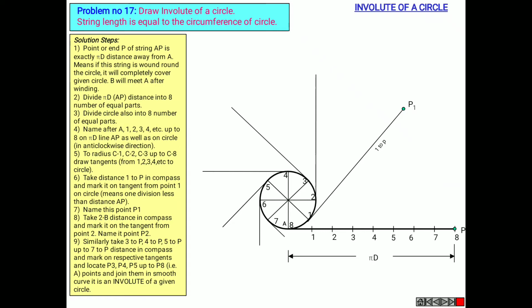Next take from 2 to P distance in the compass and mark it on the tangent from point 2, name it P2. Similarly, continue the step, take 3 to P, 4 to P, 5 to P up to 7 to P distance in the compass and mark on respective tangents and locate P3, P4, P5 up to P8.